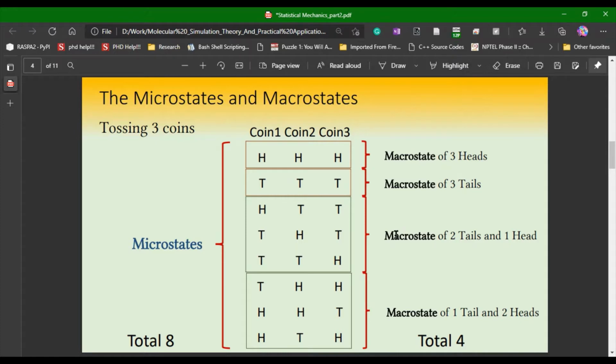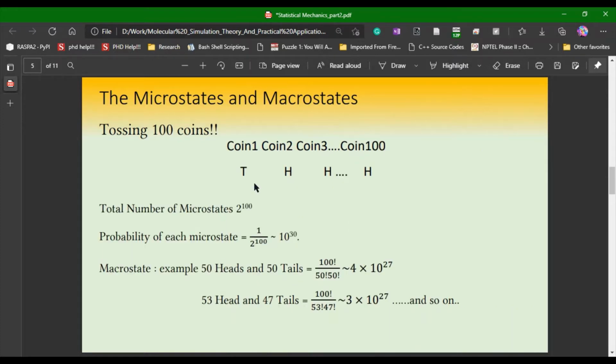Now we do the same experiment, and let's say we consider 100 coins. You can have all possible kinds of outcomes from this system. In this case we have a very huge number of outcomes: there are two possible outcomes for each of the 100 coins.